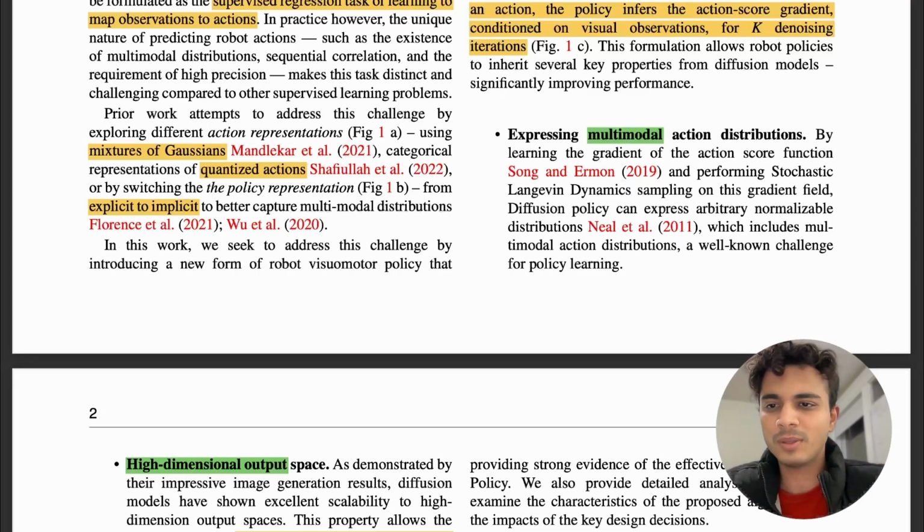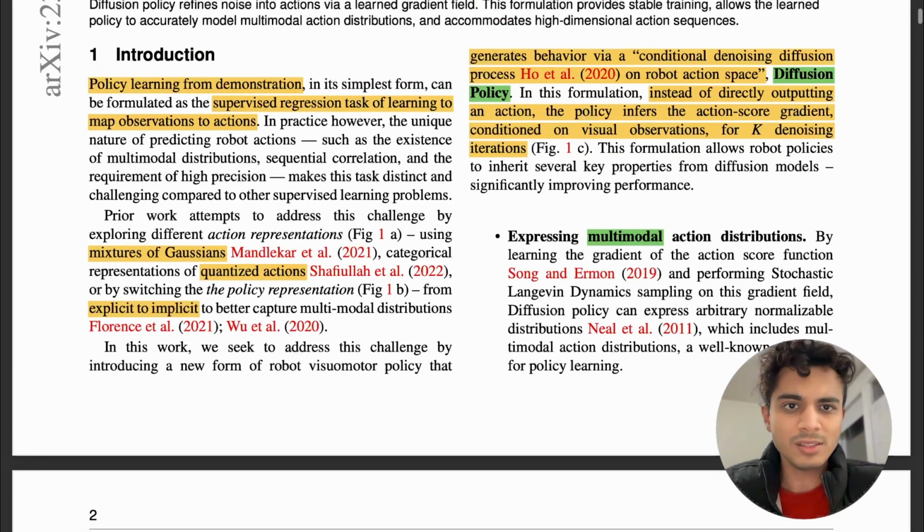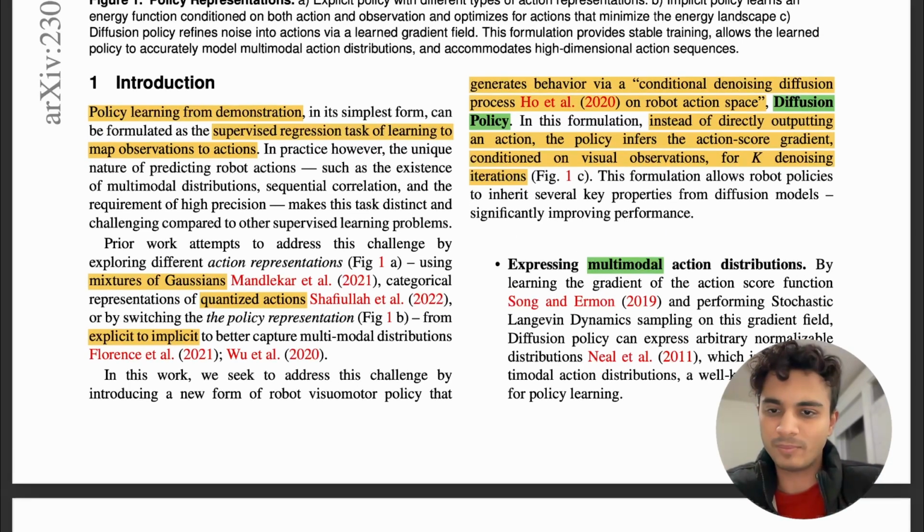I think the Florence paper is referred to a lot in this paper, and Hu et al. 2020 is also referred to quite a lot throughout this research. So I highly recommend you at least brief through these two papers. And another form is explicit to implicit policy representation to better capture multimodal distributions. These have been previous attempts.